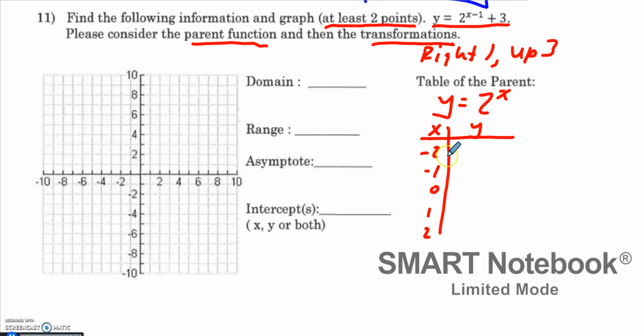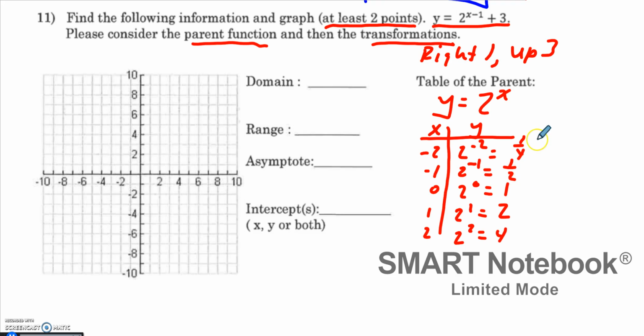If I took -2 and plugged it in, 2 to the -2 makes a reciprocal, so that's 1/4. 2 to the -1 is 1/2. 2 to the 0 is 1, 2 to the 1 is 2, and 2 to the 2 is 4. So here are all my original points: -2, 1/4; -1, 1/2; and so on.